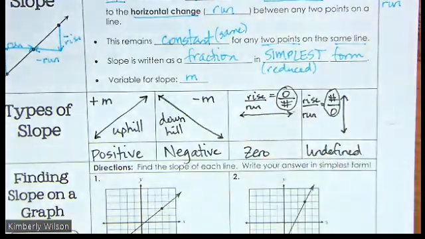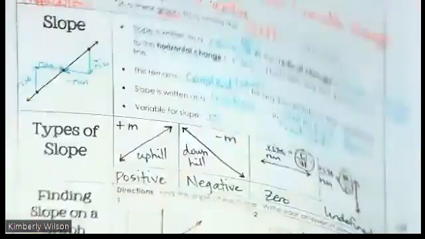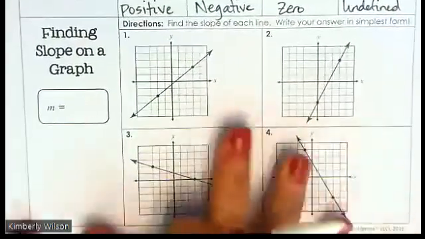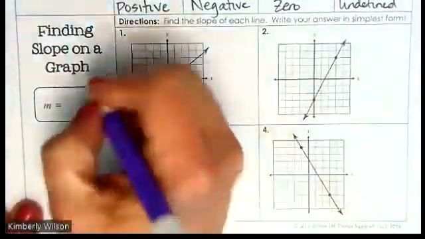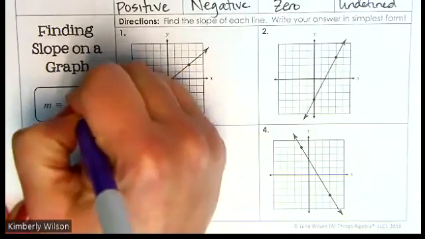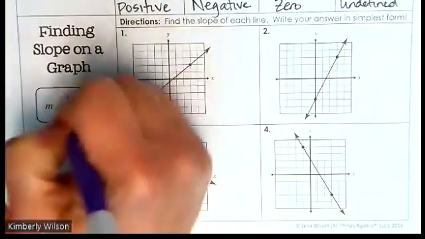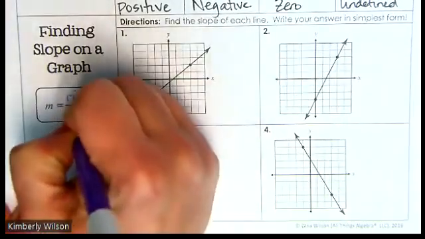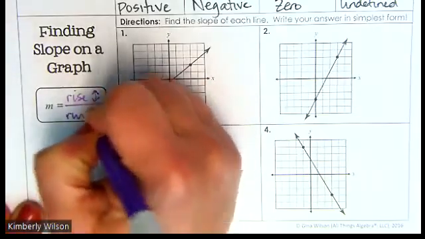All right, now let's work a couple of examples. Let's write a couple of notes real quick first. Remember that the slope is the rise, which is the up or down, over the run, which is the left to right.